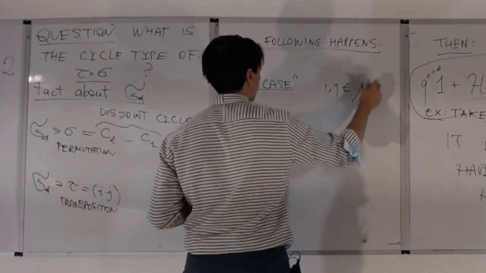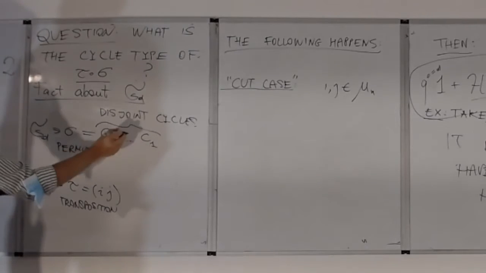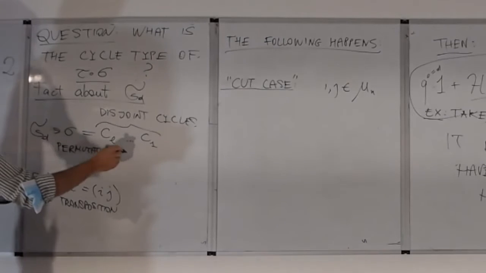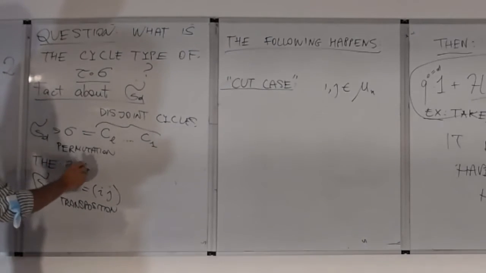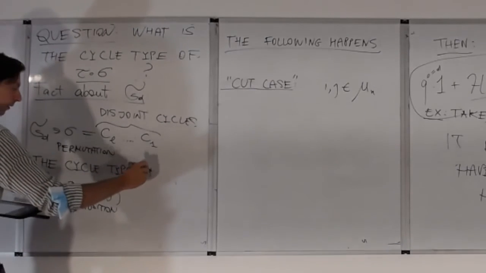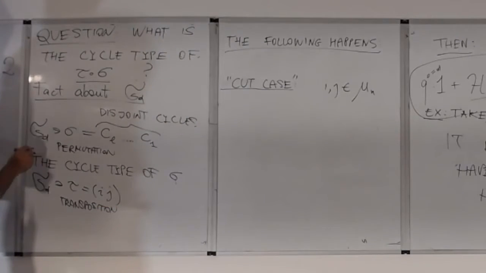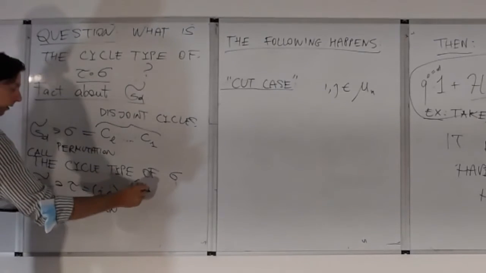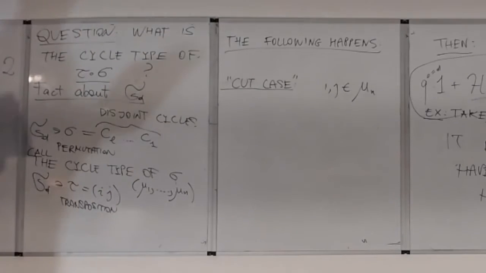What is mu_n? I want this permutation to be split in disjoint cycles, and I call the cycle type of sigma mu_1, and so on.